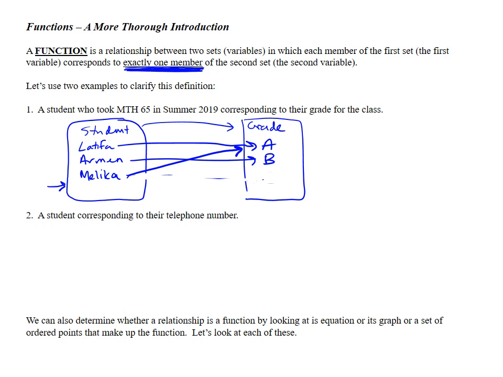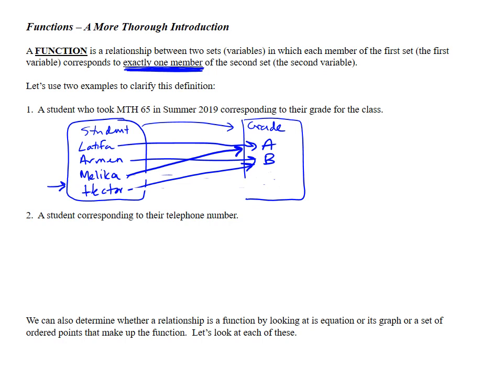One particular student, like maybe Hector, got a B in the class, but he can't at the same time get a B and a C. That would be against the rules for being a function. And if you think about it, you aren't going to get two grades for the same class in a particular term. You're going to have to get a single grade.